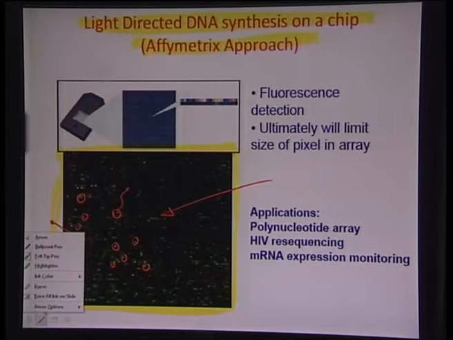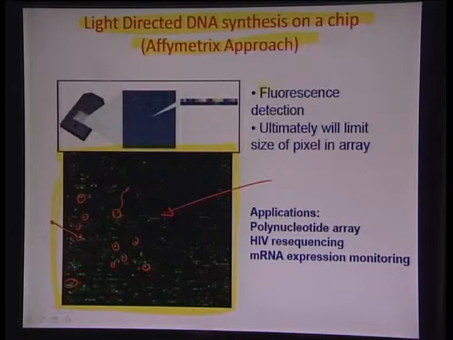So ultimately fluorescence detection is the basic means of finding out whether binding has happened or not, and this fluorescence detection limits the size of the pixel in the array, because you cannot go on synthesizing smaller and smaller, since you have to have enough fluorescence intensity for the detector to be able to tell you independently which pixel has opened up, or which signifies the presence of the fluorophore.